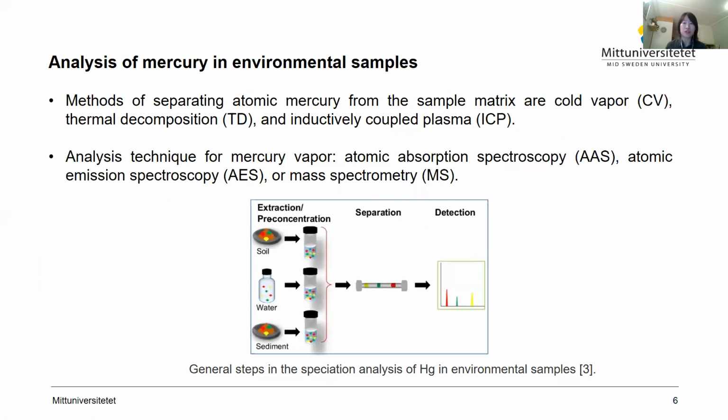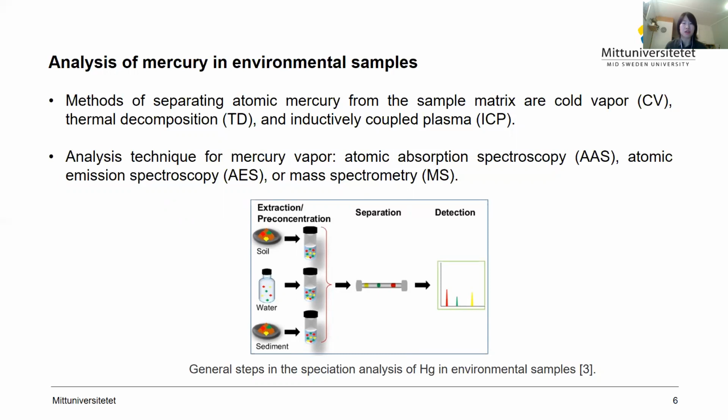Analysis of mercury in environmental samples is a sequential process involving extraction or pre-concentration, separation, and detection steps. There are different methods of separating mercury from the sample and for measuring the level of mercury.